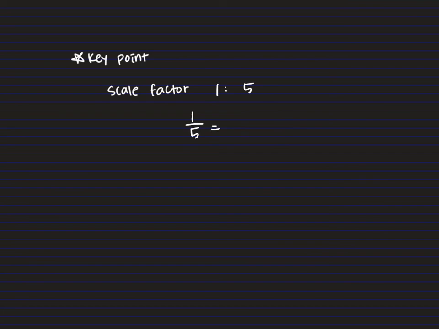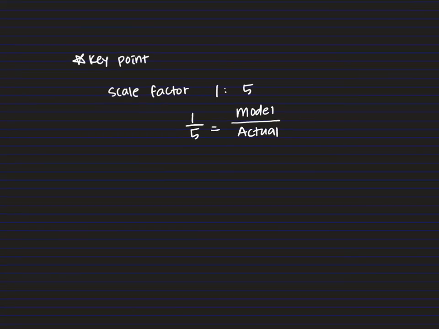And the top one is always going to be the model. And then the bottom number is always going to be the actual, which is often bigger. It can be smaller. So your number on the left side of a scale factor is going to be on the top, right side is going to be on the bottom.